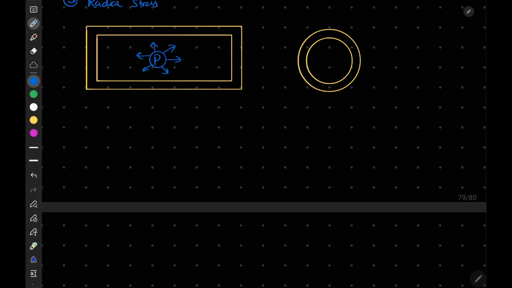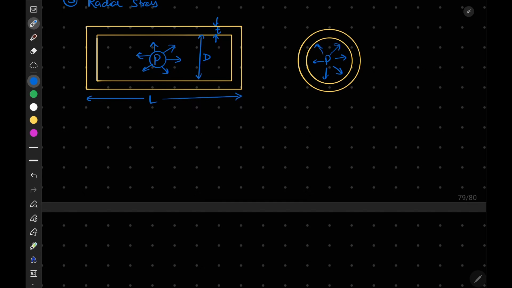Okay, now the pressure vessel has the diameter capital D and thickness t, and let's say it has the length L. Okay, and of course P can also be shown here as pressure in all directions.